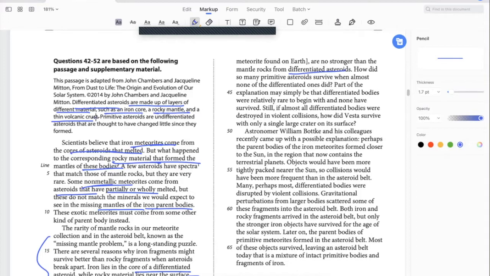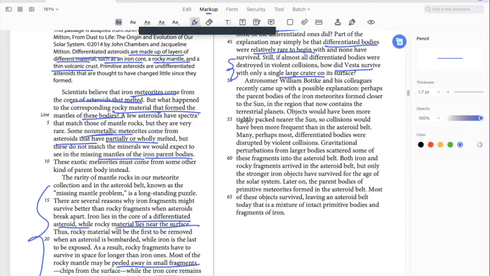Primitive asteroids are no stronger than differentiated asteroids. Then how did so many primitive asteroids survive? The question can be answered with the reason that perhaps differentiated bodies were relatively rare to begin with, and so they have not survived. But then, how do you explain the existence of Vesta with only a single crater on its surface?